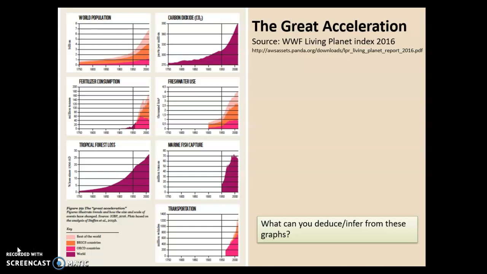Underneath that, we've got a little graph that shows us fertiliser consumption. So fertiliser is an inorganic or organic compound that is used in agriculture to provide specific nutrients, quite often nitrogen-based things, to speed up and enhance the growth of plants.